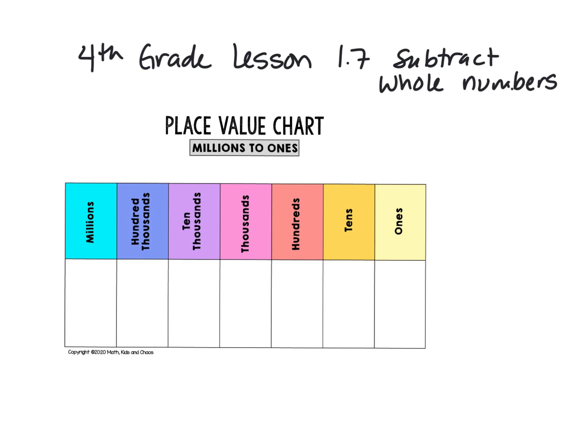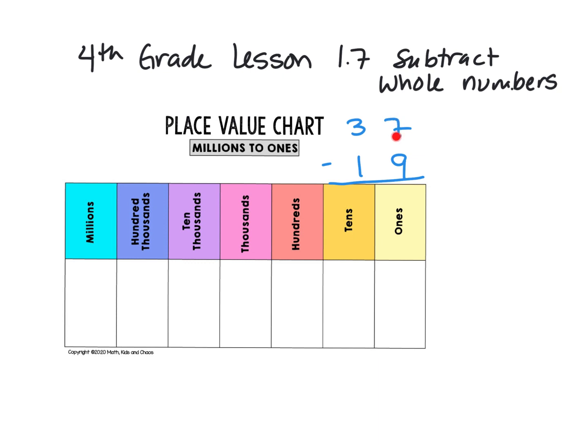So I want to use the place value chart to point out how things go when you have to regroup. Let me choose a different color for that. Okay, let's say I have to subtract these from each other, and I'm going to start in the ones column because I need to know if I have enough to do what I need to do.